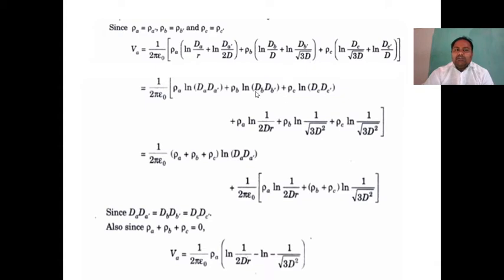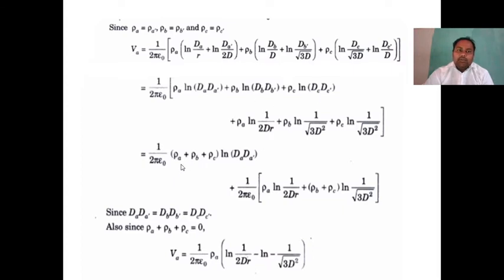First we take one assumption: the distance between any conductor and point P is equal. So we consider dA dash is equal to dB dash is equal to dC dash. Once again, dA dash is equal to dB dash is equal to dC dash, so all the distances are the same.